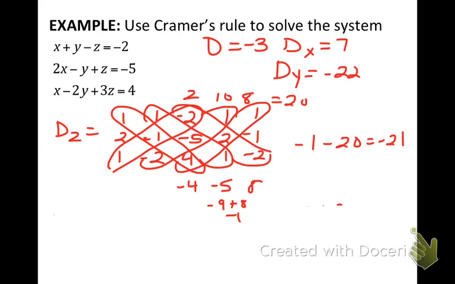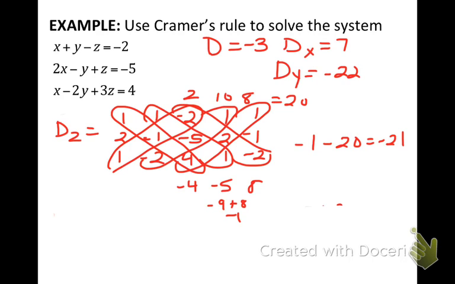Negative 21, that's what I got. So negative 1 minus 20. Did you guys get negative 21?